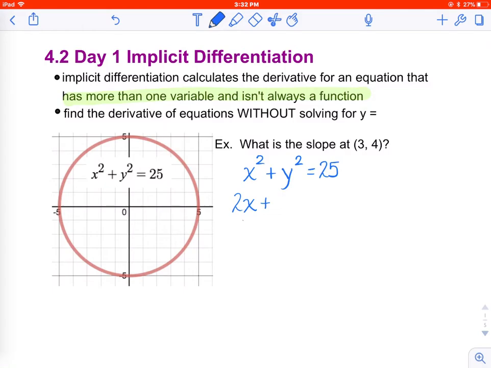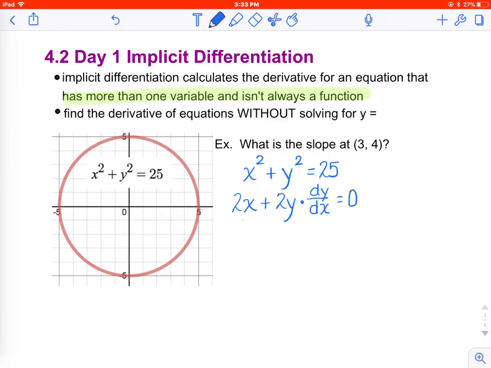Then when I take the derivative of y squared, it'll be 2y, but I don't know what y's derivative is with respect to x because it's not written in a form that tells me what it's worth in terms of x's. So like chain rule, if this was a u squared, it would be 2 times the u function times u's derivative, 2 times y times, and here's where notation is going to be important, whatever y's derivative is with respect to x, and 25's derivative on the other side is 0.